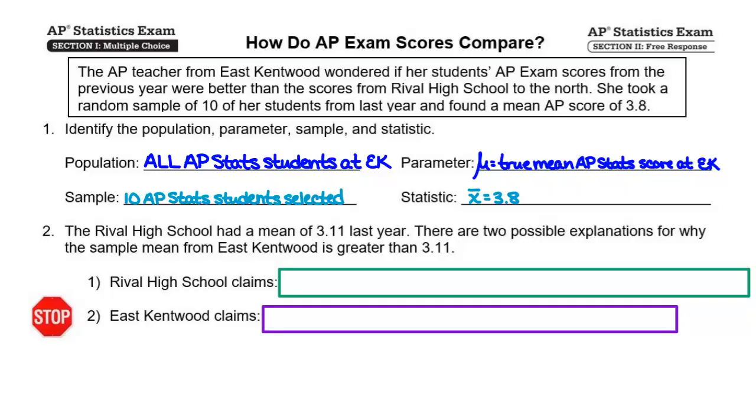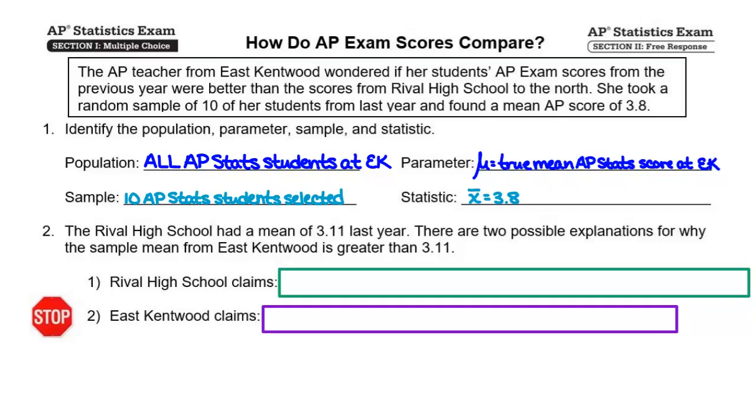So what would the H0 be? That there's no difference, or that East Kentwood's average is actually what? What are we comparing this to? We have two numbers that we're comparing. What are the two numbers that are being compared? 3.11 and 3.8.